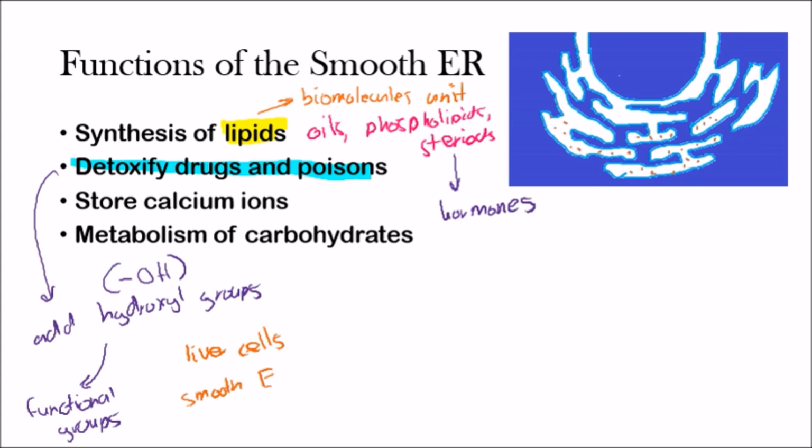Because the liver is an organ which helps in detoxifying all the waste, all the toxins which come from the body. For example, whenever you drink, you get alcohol into your system, and the liver cells are going to help detoxify that alcohol so it doesn't harm things in your body.